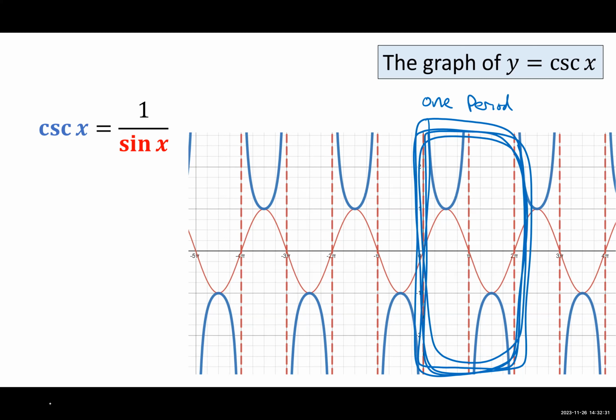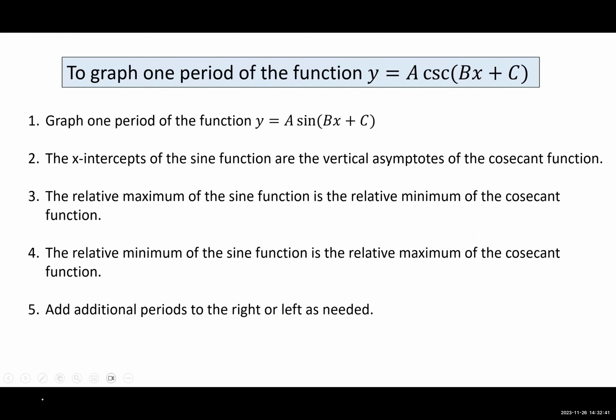Okay, so now that we've examined what the graph of y equals the cosecant of x looks like, let's look at some more complicated, more involved versions of the cosecant function. So a change in amplitude, a change in period, and a change in phase shift.